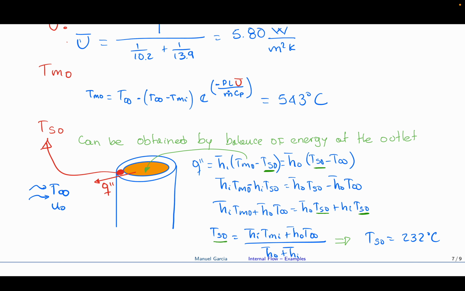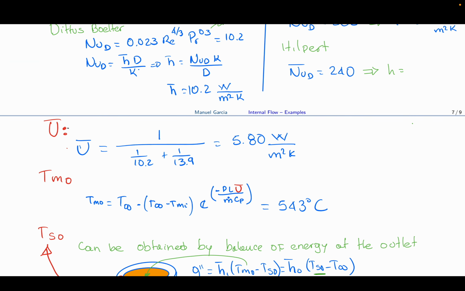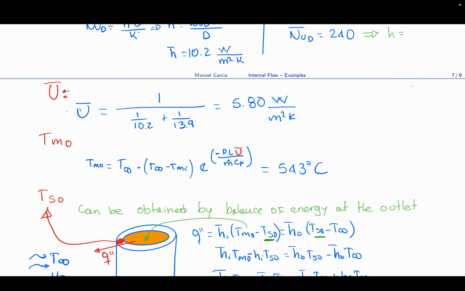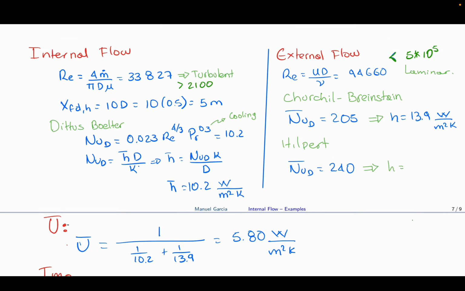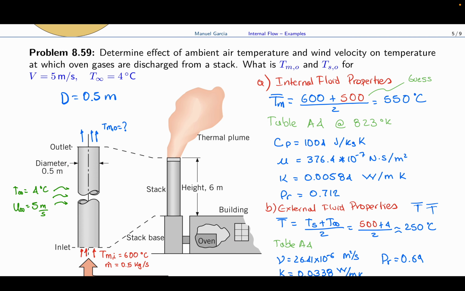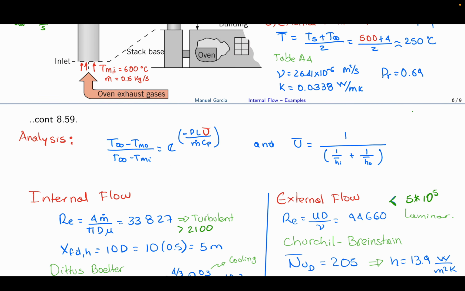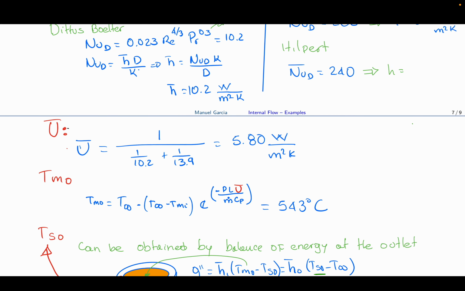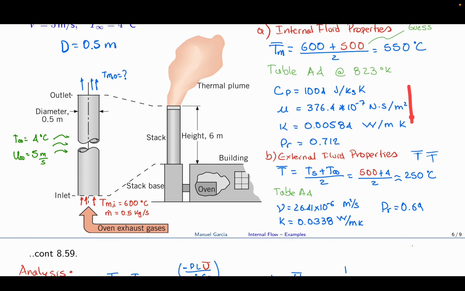Now, how close were we to our guess? In the first case, the temperature at the exit is 543, and our guess was 500. So we are kind of close. The important thing is not how close the temperature is, but how much the properties change. So I will have to evaluate the properties at 543 and compare with these ones to know if we have a relatively high difference.